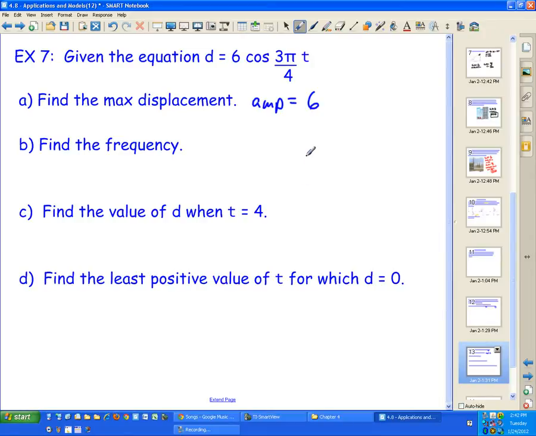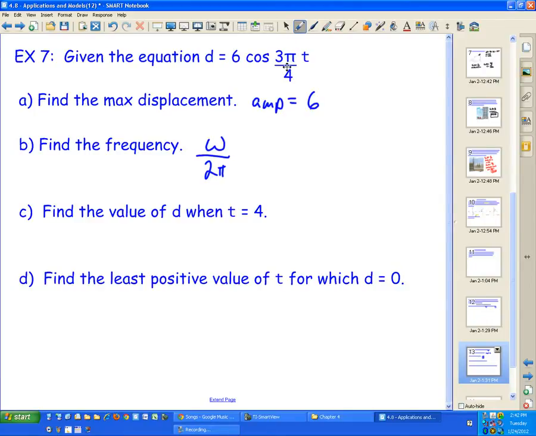So then they ask us to find the frequency. And remember, frequency is omega divided by 2 pi. And that's the same as the number in front of our t variable.